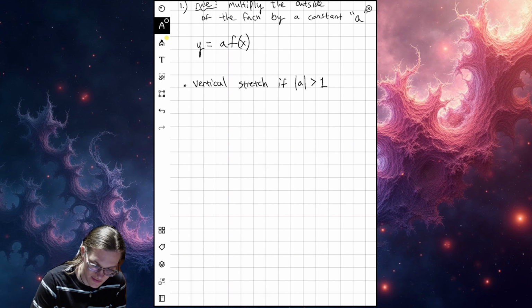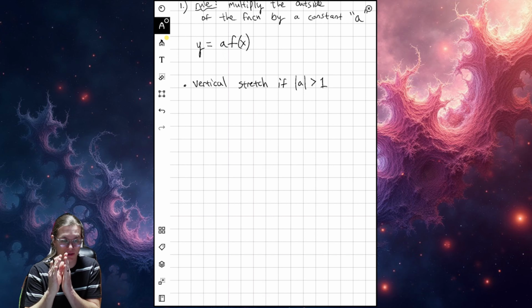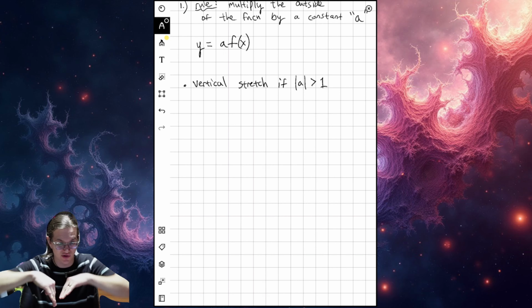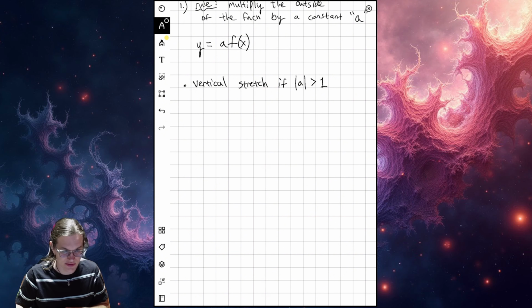So if this a, same works for a negative, that's why negative 1.5 f of x is going to be, you know, the opposite direction, but still stretched 1.5 times, just negative.